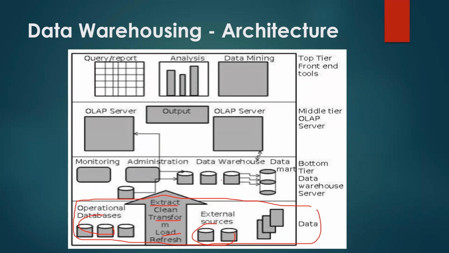data warehouse servers here, and this is where data marts are sitting. For monitoring you have a different server, for administration you have a different one. The job of the last row that you see is just to connect to different data sources, get the data through ETL, and then load it into the next level, which is your data mart, or your operational data, or data specific to a specific work.